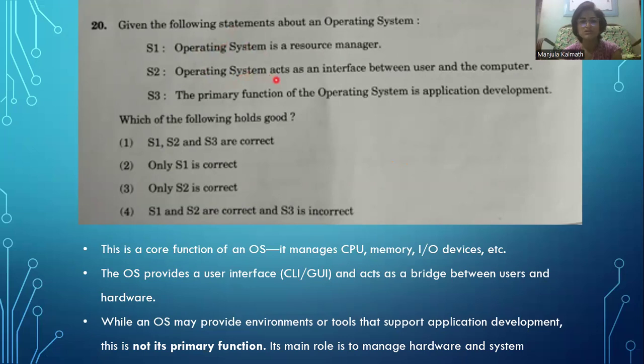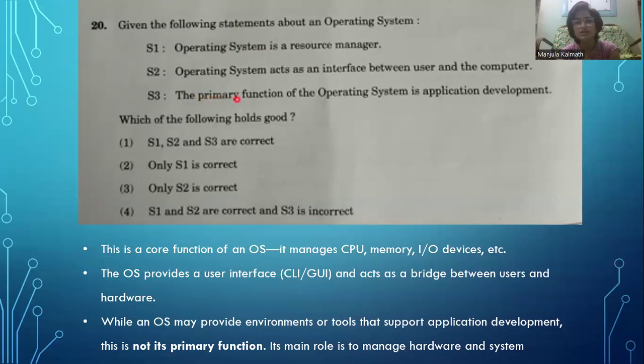Second one, operating system acts as an interface between the user and computer. Obviously, until we install the operating system, the computer system cannot work. That's what the operating system is, an interface between the user as well as the computer. This is a correct option. The next one is, the primary function of the operating system is application development.